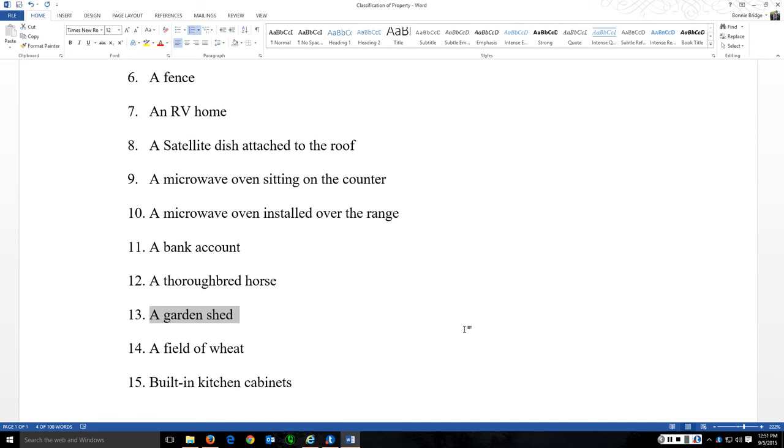I think most garden sheds are built right on the land, and they're considered, I'm sorry, I said personal property. I think a garden shed would be considered real property. Although there are cases where they're movable. A movable one, it's going to be tricky. It'd be up to a judge to decide, but I think it would be considered personal property.